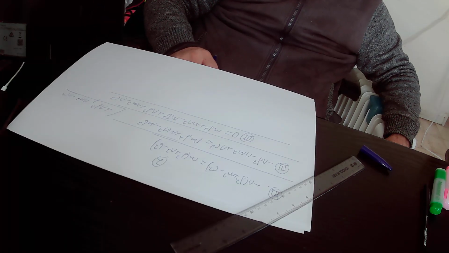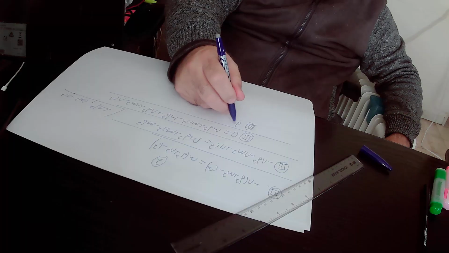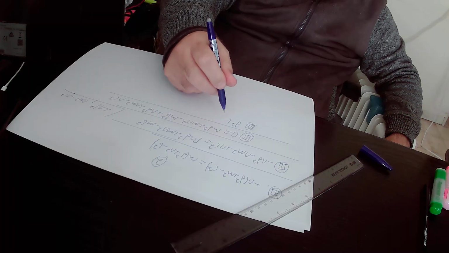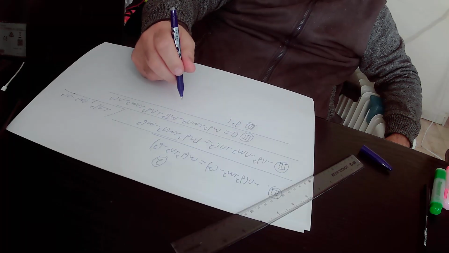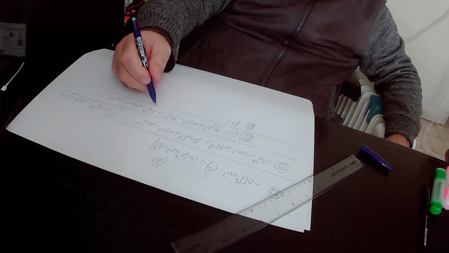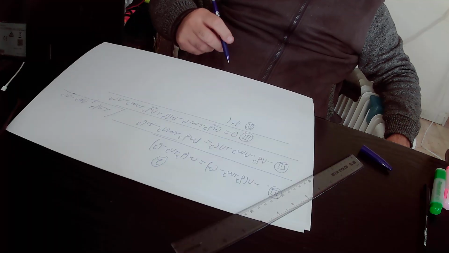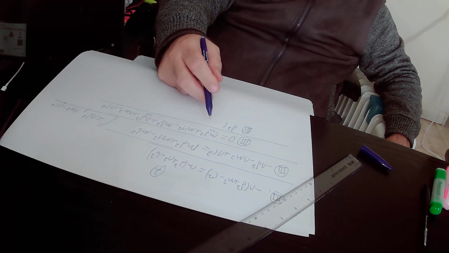In the next step, we take out d squared as a common factor of md squared and also as a common factor of nd squared. So what is left from md squared after we took from it d squared as a common factor?